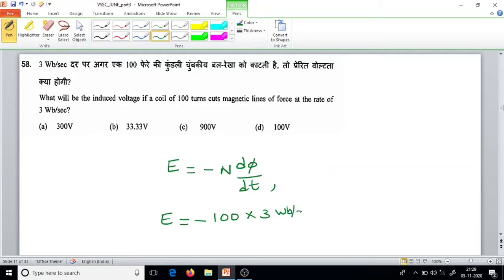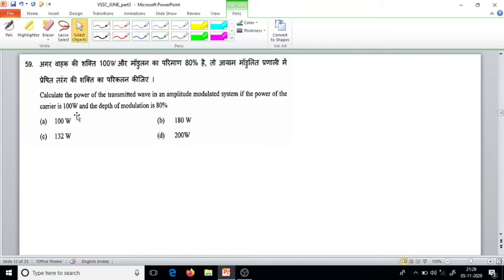So it equals minus 300 volt. In the options you have 300 volt, so the answer is 300 volt. If you take the magnitude of minus 300, it is 300 volt. So we will go to question number 59.